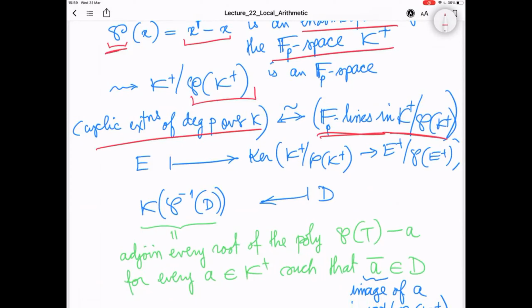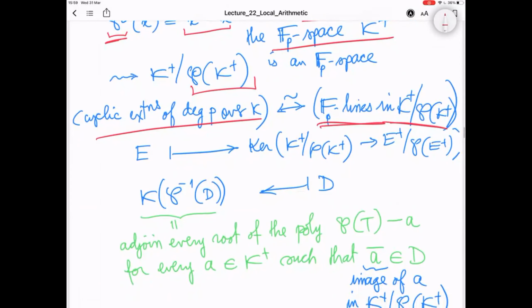This is an endomorphism of this vector space K plus over FP, and it has an image which I denote by Weierstrass P K plus, and this is the co-kernel of this Weierstrass P, right?